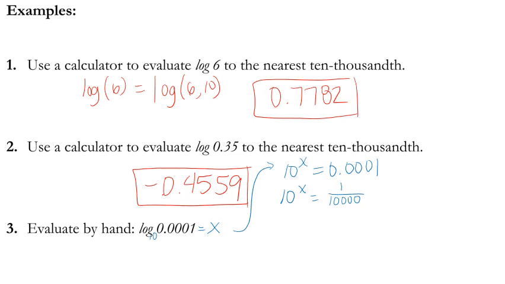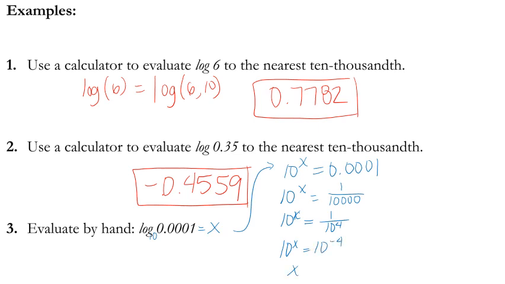Okay, and 10,000, writing that with base 10, oops, that should be an x, would be 1 over 10 to the 4th power. And thinking back to laws of exponents, how do we deal with an exponent in the denominator? Well, we can move that to the numerator by making it negative.